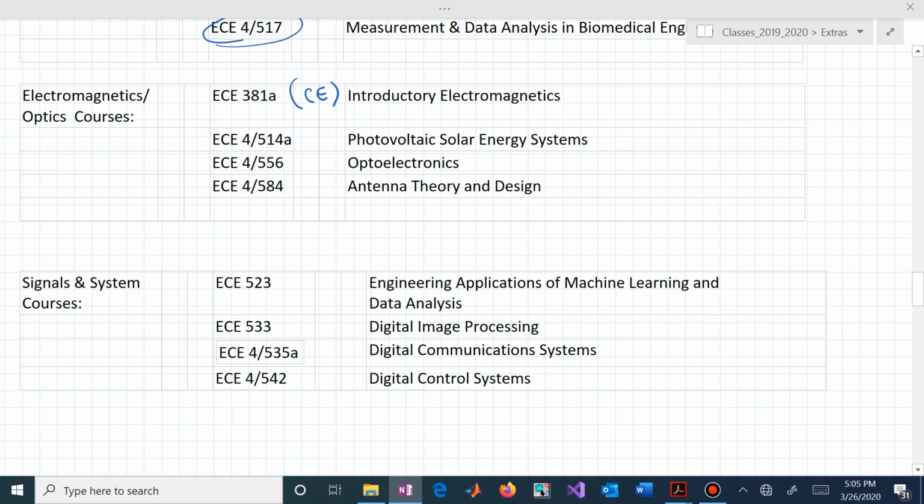Digital image processing. Now this is a little different than digital image analysis. This is image processing. This is now, can you do transforms on images? Can you actually do a filter design?